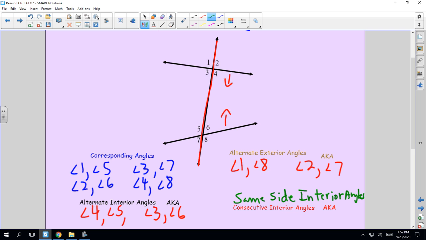They are on the same side of the transversal, and they are in between the two lines. So this picture would work for that as well. Same side of the transversal, in between the two lines, like 4 and 6. So angles 4 and 6 are same side interior angles. Also angles 3 and 5 are same side interior angles.